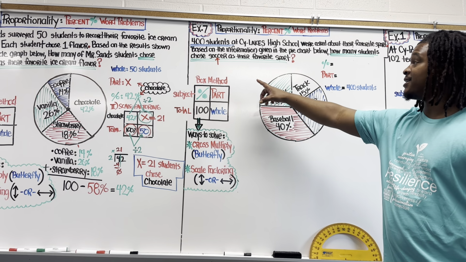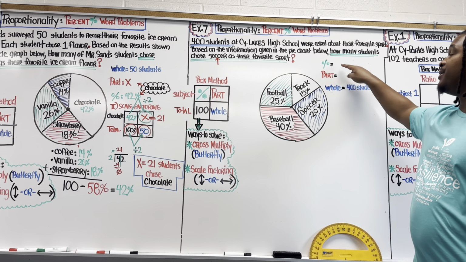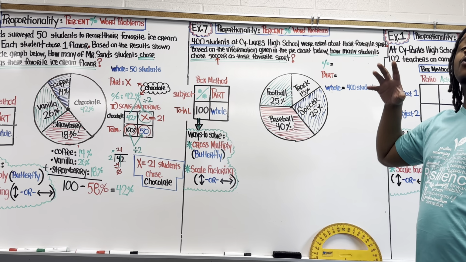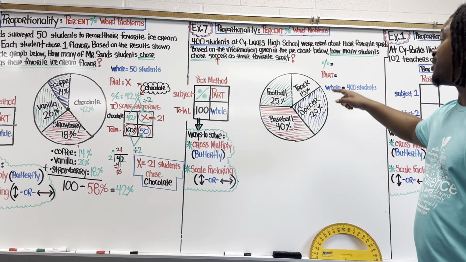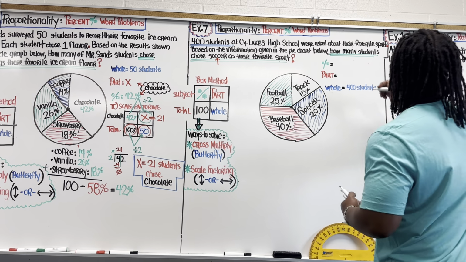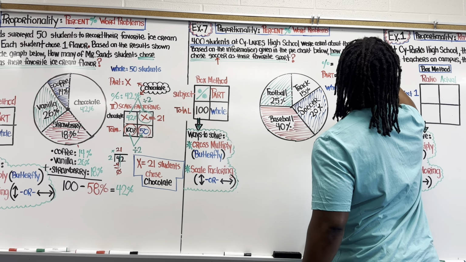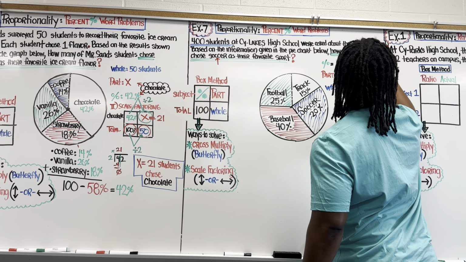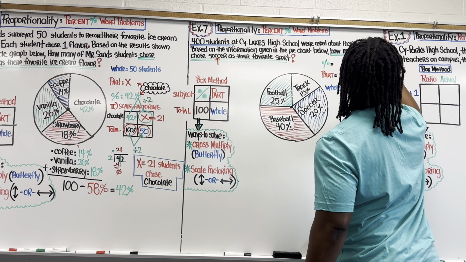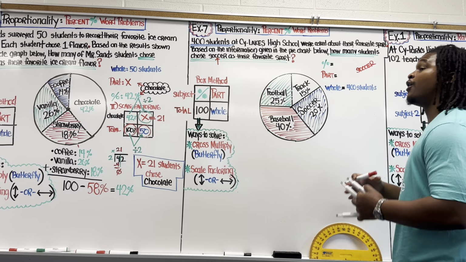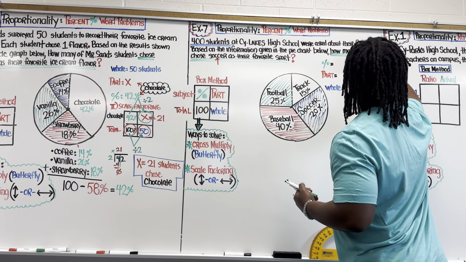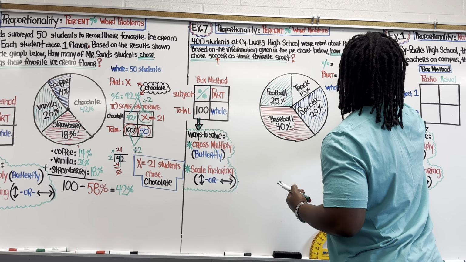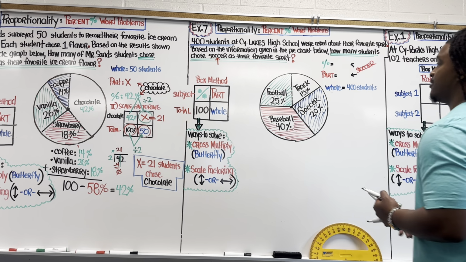So the percent that represents soccer will be the percent, right? And then the quantity that represents the number of students that chose soccer will be the part, okay? So soccer is the specific subject or the specific part of the whole that we're focusing on, okay? So soccer represents the part in the percent, okay?